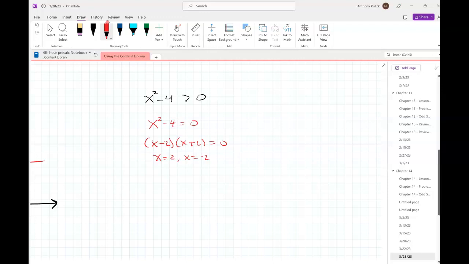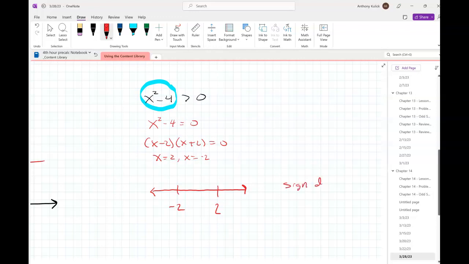So what I do now with those two solutions is I know that the only places where a polynomial, which is continuous, can change from negative to positive is where it hits 0, where it's crossing the x-axis, right? Everybody's okay with that idea? So I'm going to draw what's called a sign diagram.